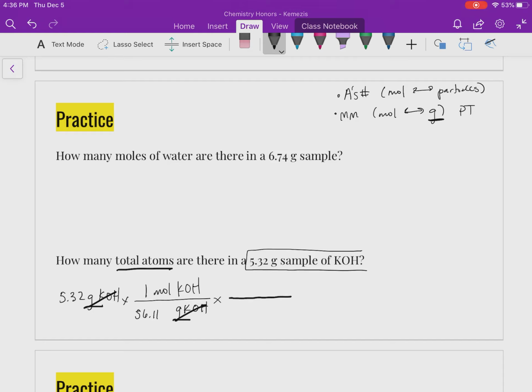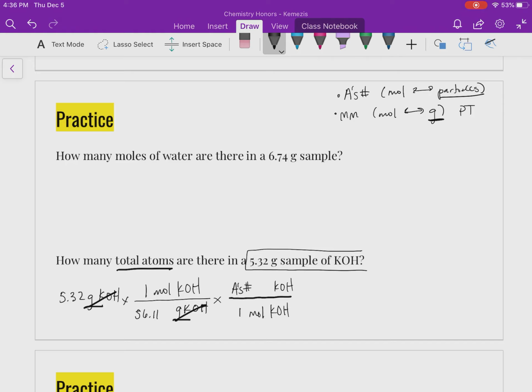And I'm thinking here that we can get rid of moles of KOH, and my other conversion factor, we're not going to use molar mass again. We just converted away from grams, so we're not going to convert back to grams. So the next conversion factor I could use is Avogadro's number of KOH. Right, in 1 mole, there's that.